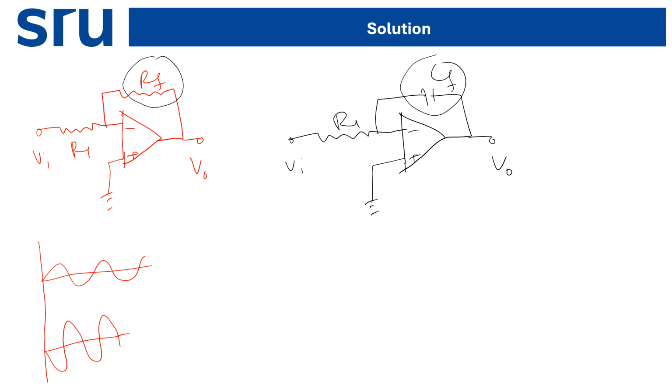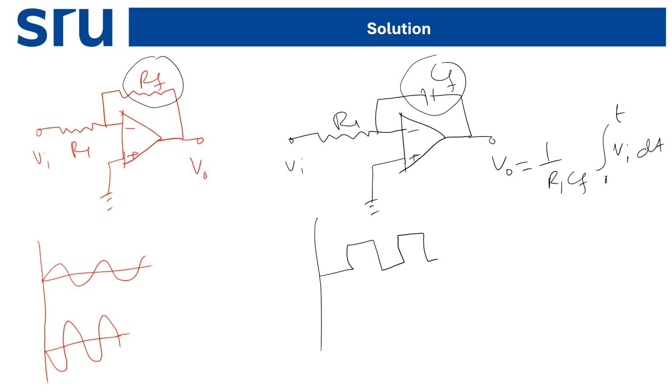as you know, Vout is equal to 1 by R1 CF times the integral from 0 to T of Vi dt plus Vo at 0. We can see that in these cases, if you give a square wave, you will get a triangular wave.